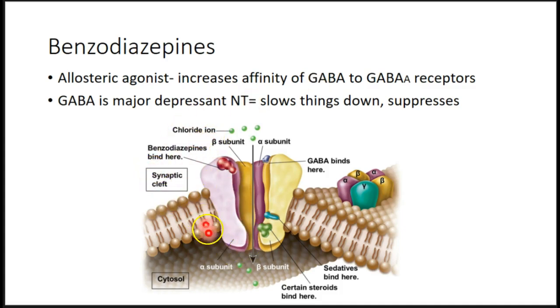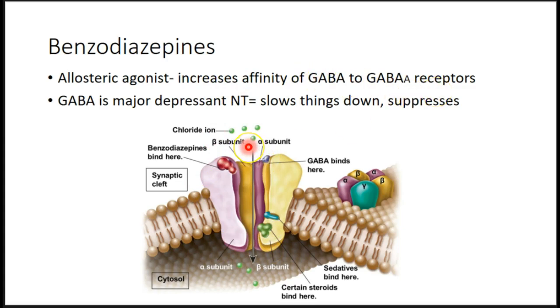For benzos, we're going to look right down to that receptor. This is a receptor located in the postsynaptic neuron of the synapse. And it's going to be affecting a GABA receptor. It's an allosteric agonist, which means it doesn't directly make you have more GABA. It increases the affinity of GABA to GABA receptors.